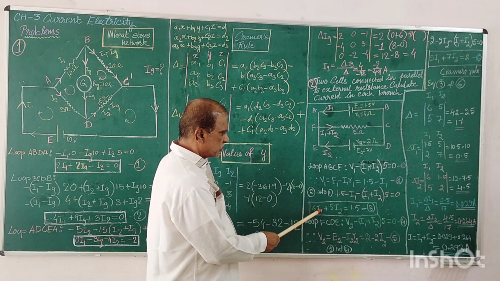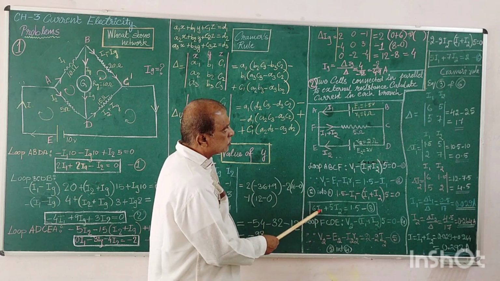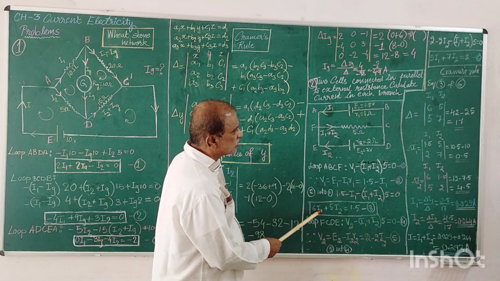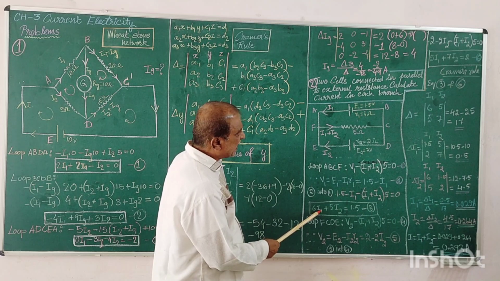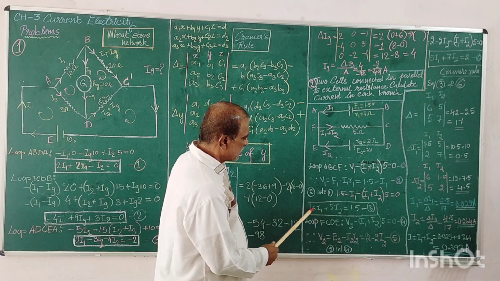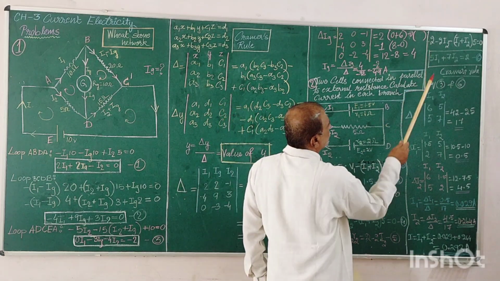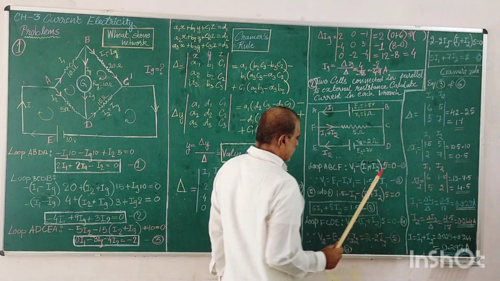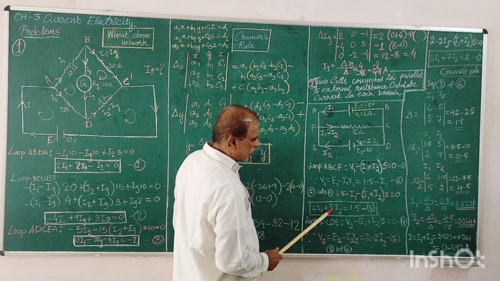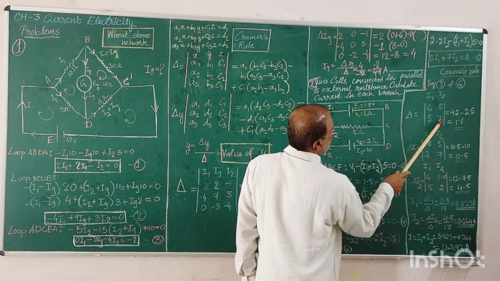To write these equations as a matrix, the elements of I1 are 6 and 5. The elements of I2 are 5 and 7.